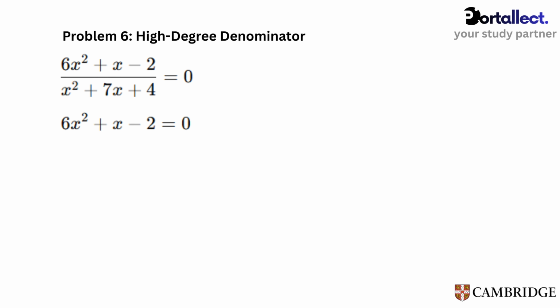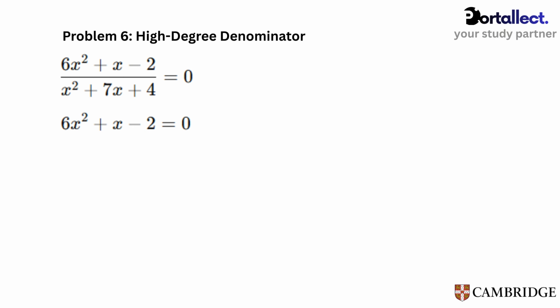Since the leading coefficient is 6, we use the AC method. We multiply 6 by -2 to get -12. Now we need two numbers that multiply to -12 and add up to the middle coefficient, which is 1. Those numbers are positive 4 and negative 3.